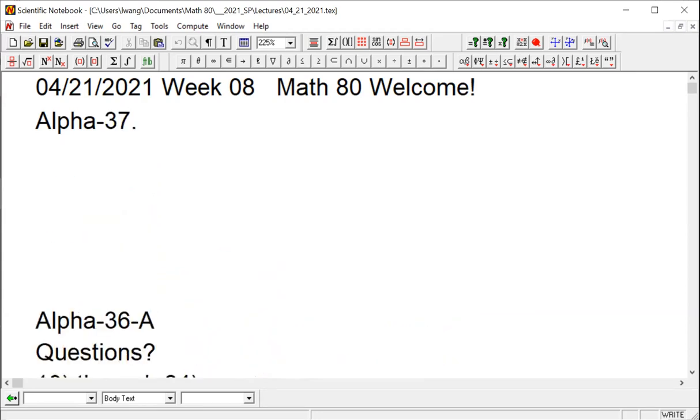Alpha 37 is an exercise set I got from a pre-algebra textbook by Mr. Tussey, the same author who wrote our current intermediate algebra textbook, and he also wrote the pre-algebra textbook.